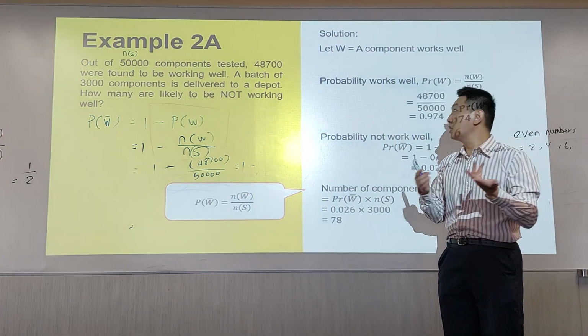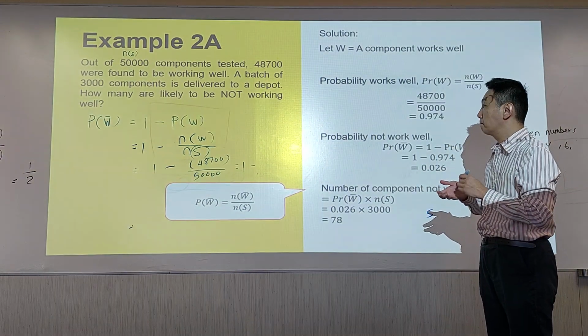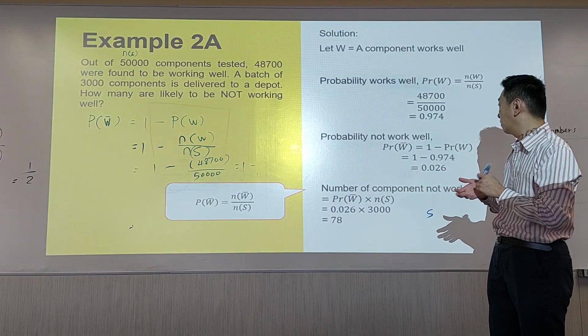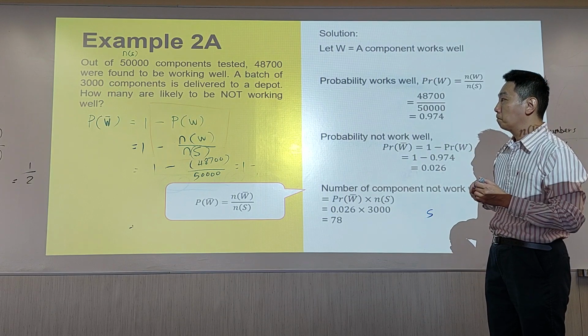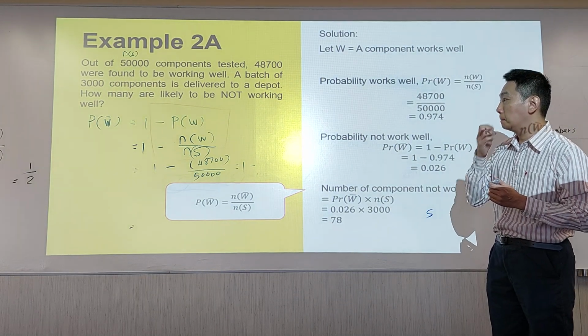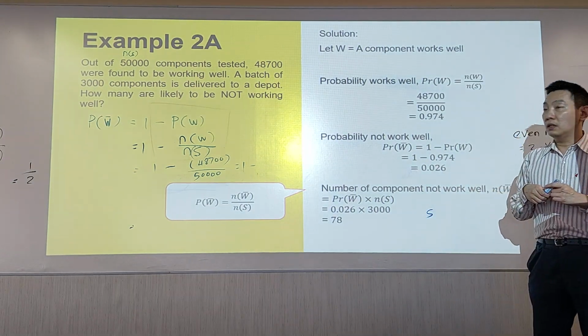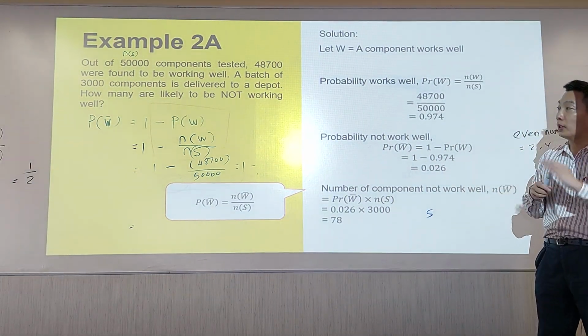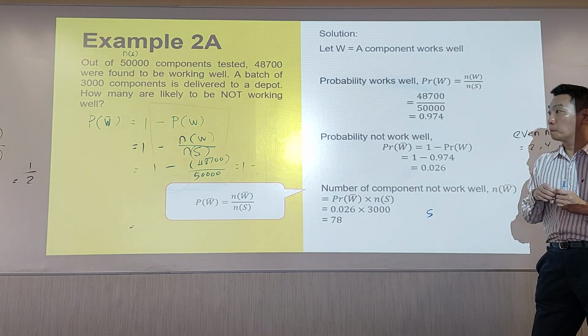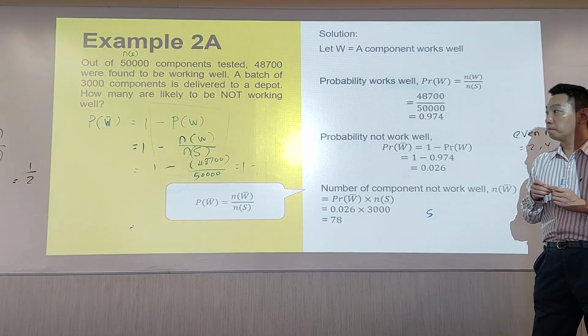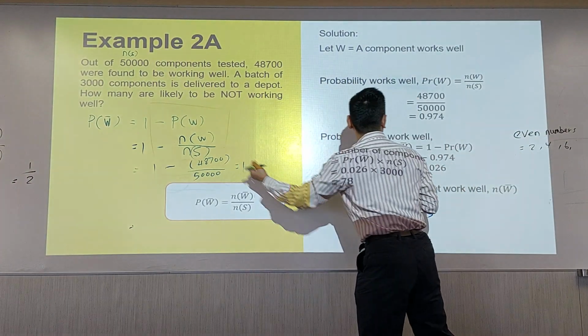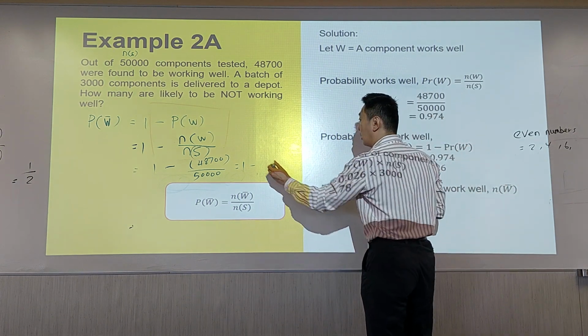You may leave the answer in 4 decimal places if you want. We have to calculate first the probability for the component not working well. So simplify. So 1 minus this one, simplified, is equal to 0.974.